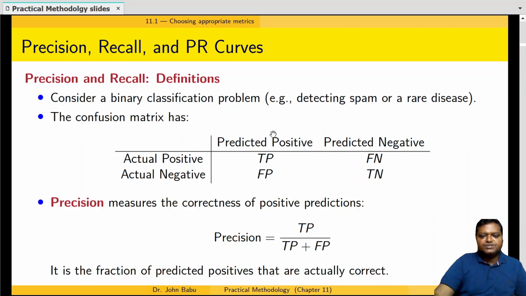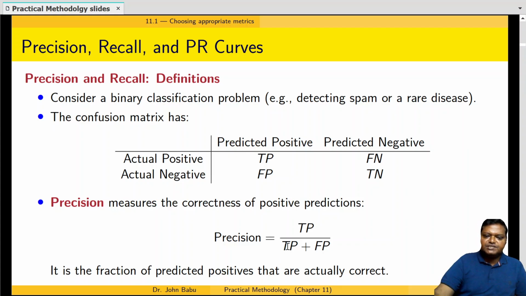So let us revisit what is accuracy? TP plus TN by total TP plus FP plus FN plus TN. Now this is called the confusion matrix, you know, right? We are considering a binary classification problem, and this is the confusion matrix. So what is precision? Precision is the correctness of the positive predictions.